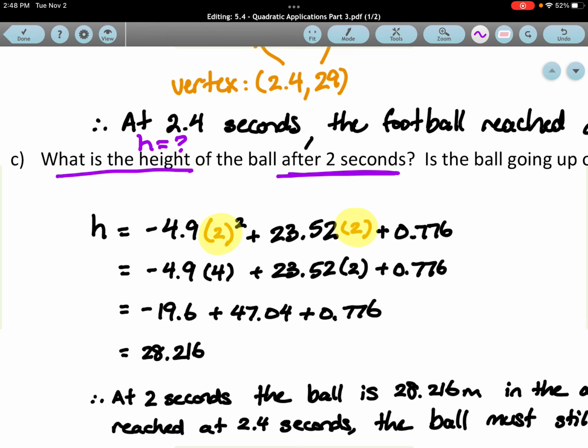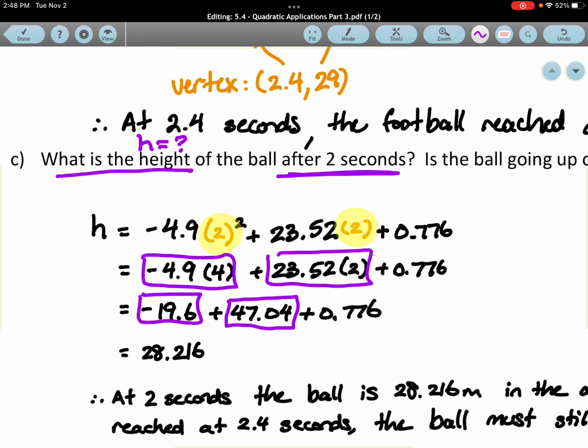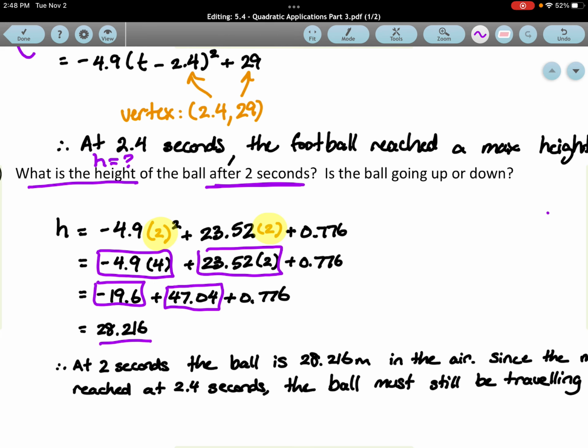Then you're going to calculate this multiplied together. You're going to get the negative 19. Multiply these two together. You're going to get the 47. And then you have the 0.776 at the end, put them all together, and you get 28.216. So at 2 seconds, the football is 28.216 meters in the air. Now, here's a very interesting question.